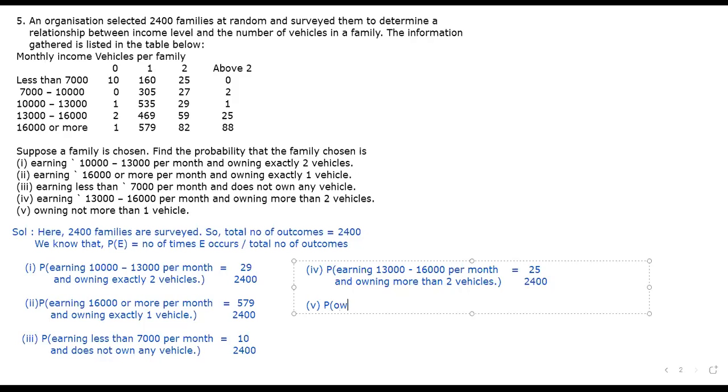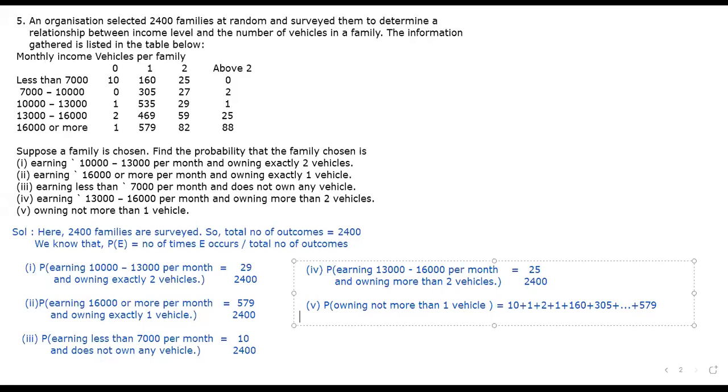Probability of owning not more than 1 vehicle. Now this is interesting. A is equal to 10 plus 1 plus 2 plus 1 plus 160, 305 and so on plus 579, the addition of these 2 columns.